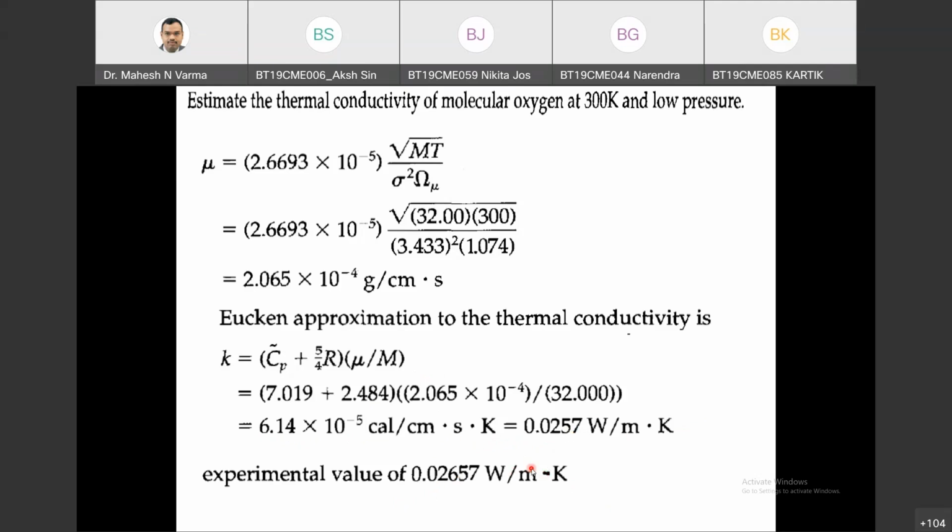Now you should not take it for granted that all the time the Maxwell equation and the combination of Maxwell and Eucken equations will give you a more correct value than using only the Chapman equation. It is not the case.